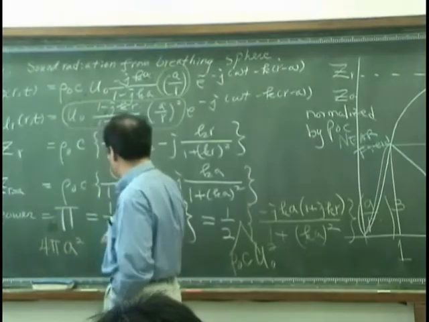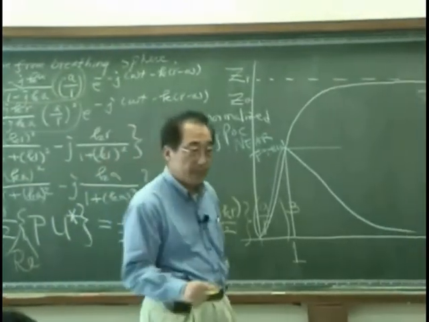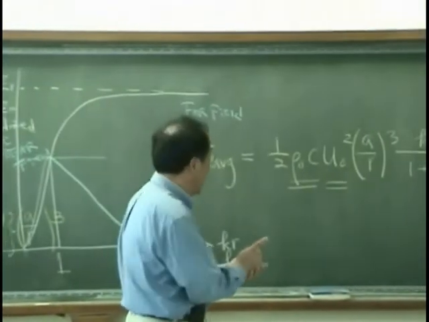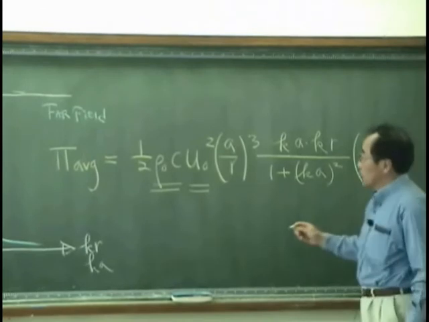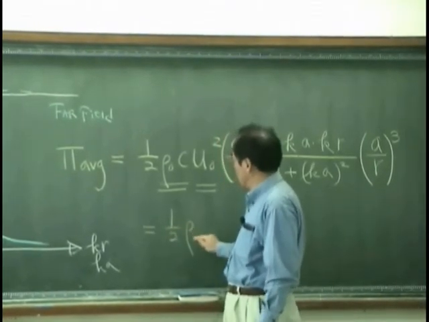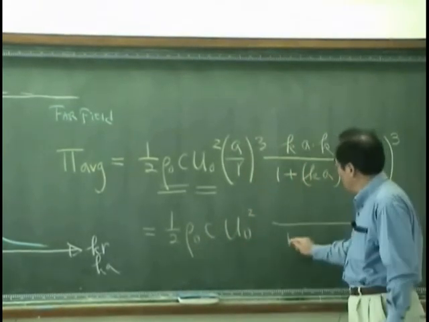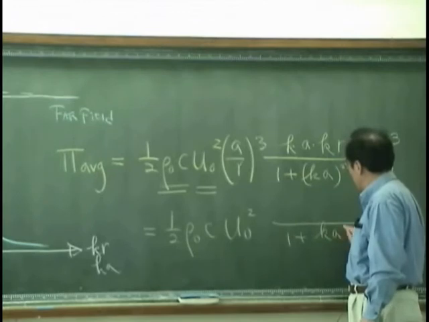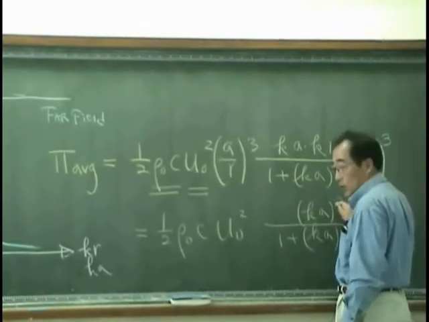This is intensity, so I have to multiply this. And then taking care of these factors again, we will obtain what? 1/2 rho 0 C U 0 square and 1 plus K A square and KA square.